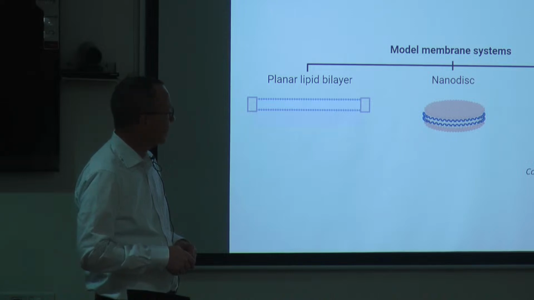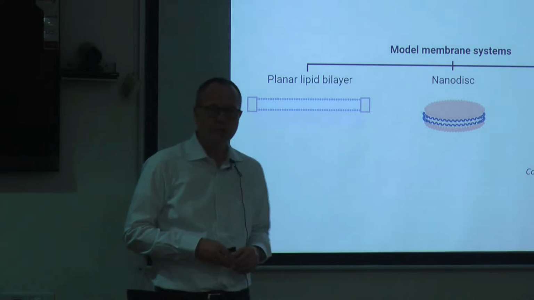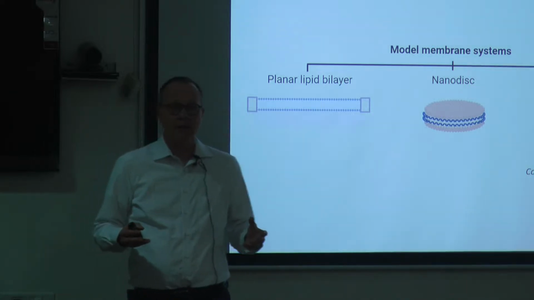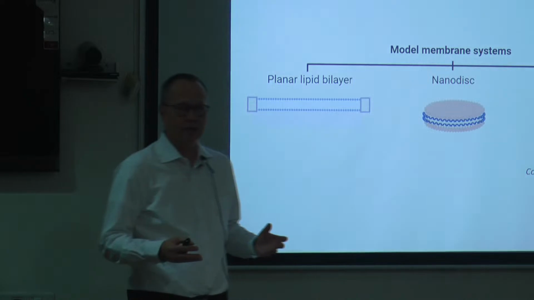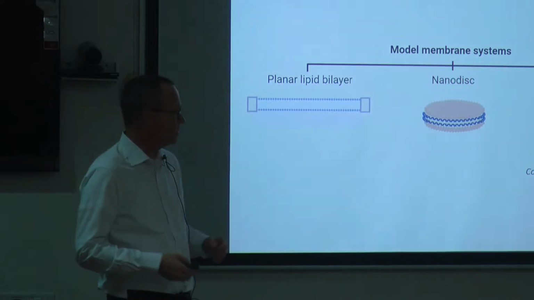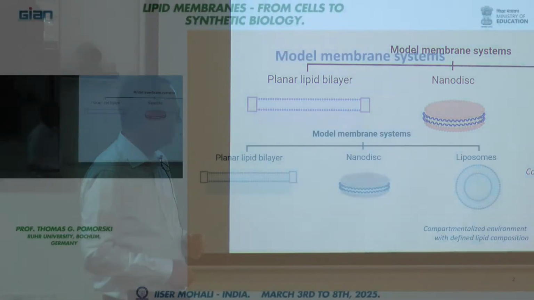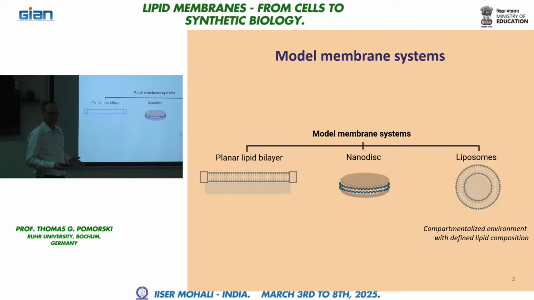If you look at those systems, there's one clear difference between vesicles and all other model membrane systems: they define a compartment. So the vesicles have an inside and an outside. That's very important, for example, when you are interested in transport processes.